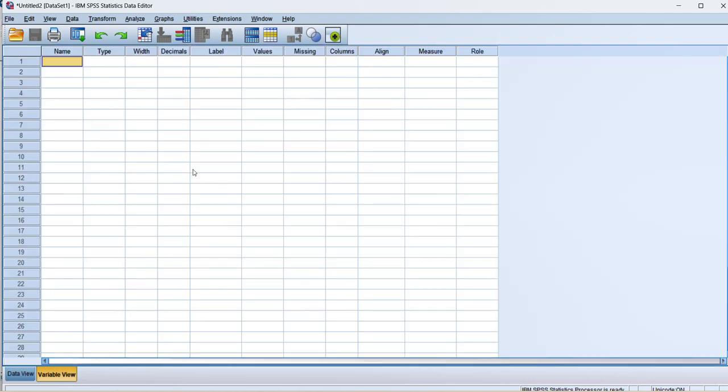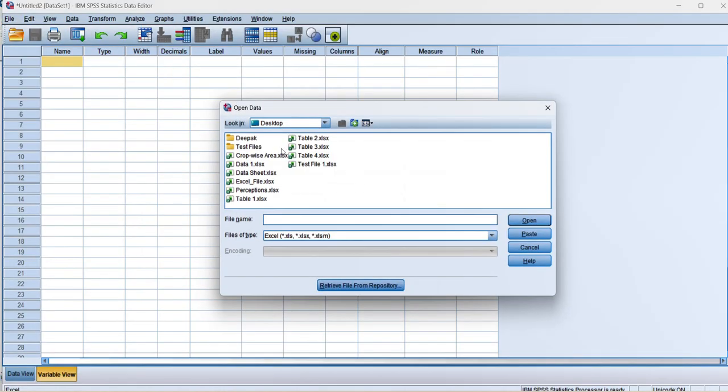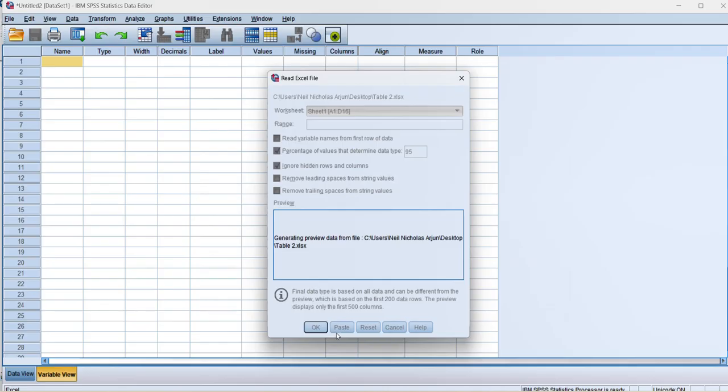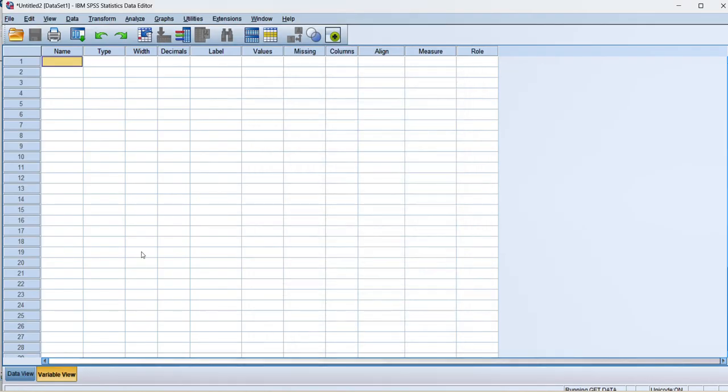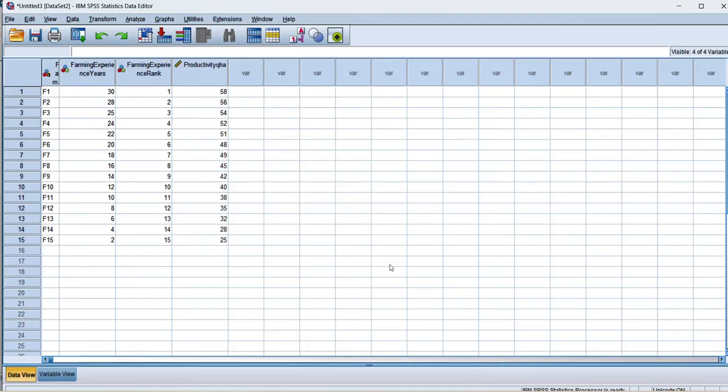So, to perform Spearman correlation, we will again add data. Now, I want to examine whether farming experience affects productivity.